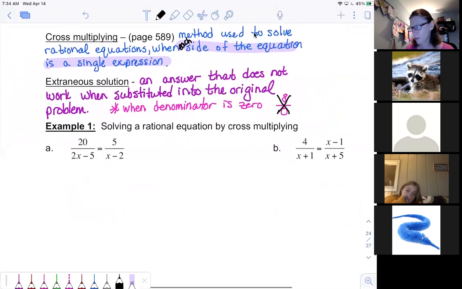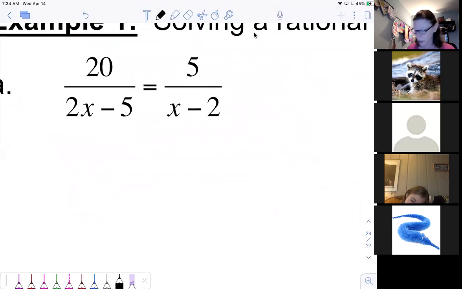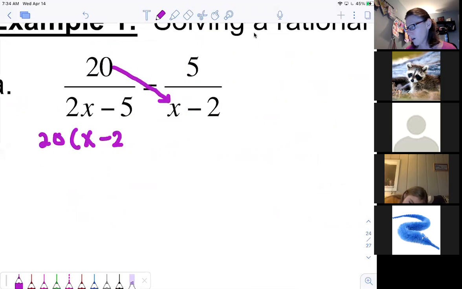We're going to use cross multiplication. Cross multiplication is really quick, easy, simple, straightforward. You're going across the equal sign in a diagonal form. So we're taking the 20 times the x minus 2. I'm going to write this step. You don't have to. But the biggest mistake that I see is that students only multiply 20 times x.